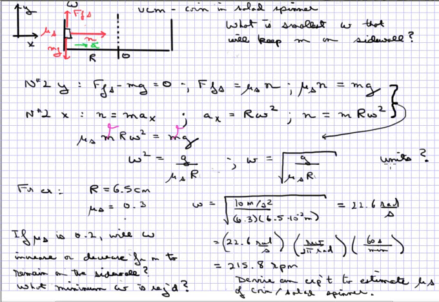So you should be asking yourself, are the units correct? I will let you check those on your own. So let's take an example. Let's take a salad spinner that has a radius of 6.5 centimeters, and let's say that mu sub s was 0.3.